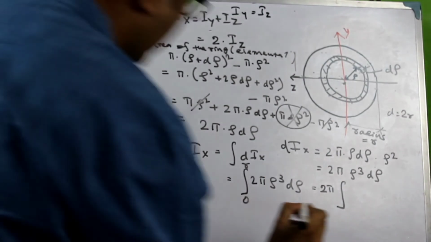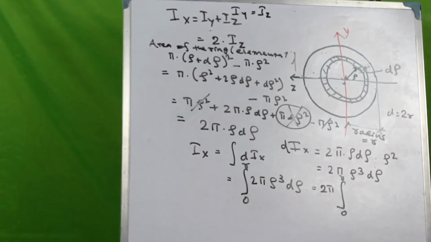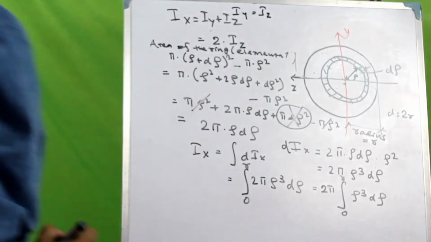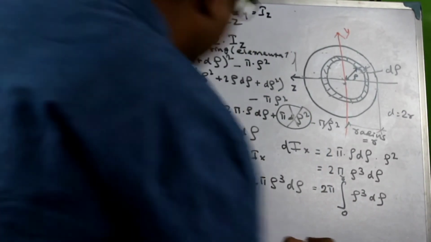So we can express this now as 0 to r, rho cube d rho.